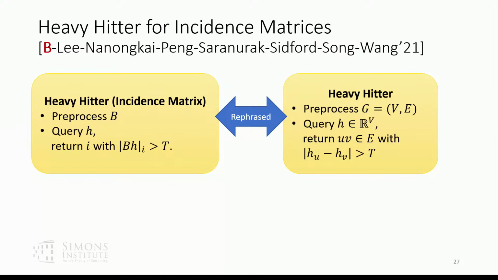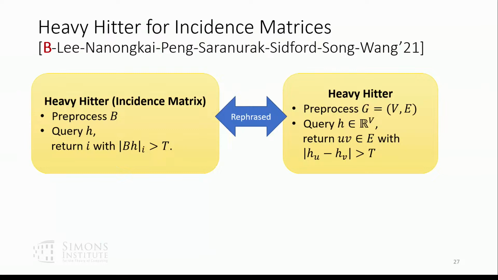You pre-process an incidence matrix, and then we get some vector, and we want to figure out which entries are larger than T. That can be phrased as a graph problem where we say we are given a graph G with some edge weights, and then we have some query vector H, and we want to get all the edges where the difference is larger than T. Let's assume for simplicity here that all the edges have weight 1, because what you could just do is round things to nearest powers of 2 and split it into log many problems. So let's assume for now the graph is unweighted. Then we are now trying to solve this problem here.